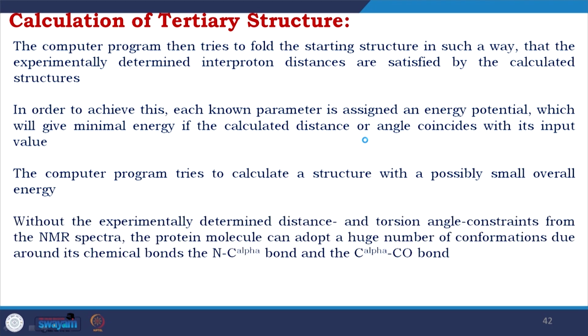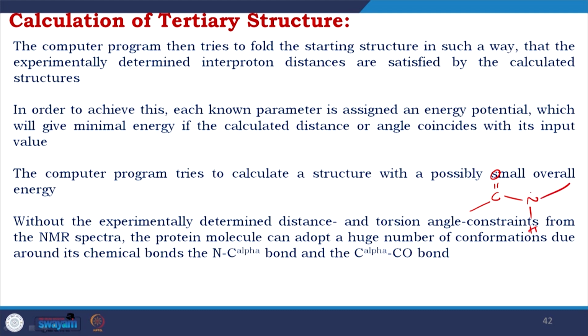Without the experimentally determined distance and torsion angle constraints from the NMR spectra, the protein molecule can adopt a huge number of conformations around its chemical bonds, the N-C alpha bond and the C alpha-CO bond. So, this we have talked about. If you see in the protein, they are connected with this.